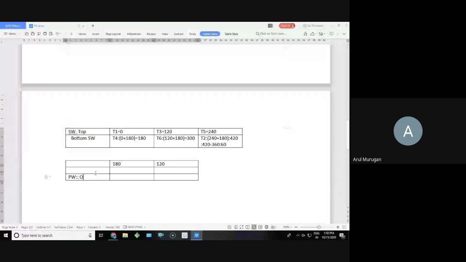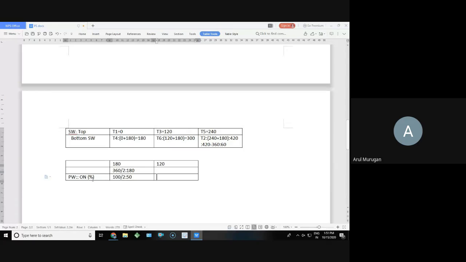So for 180, one cycle is 360 divided by 2, which is 180. Similarly, pulse width as a maximum percentage is 100 percent. Then 100 divided by 2 is 50.